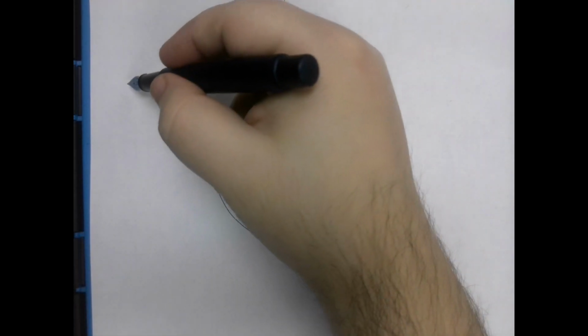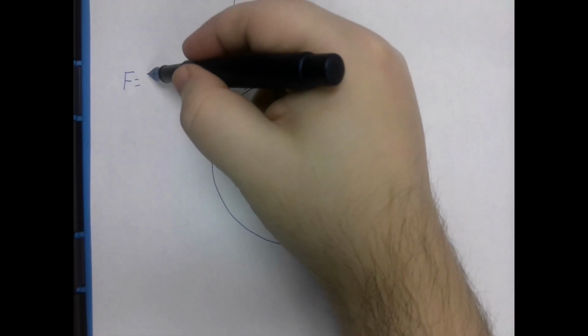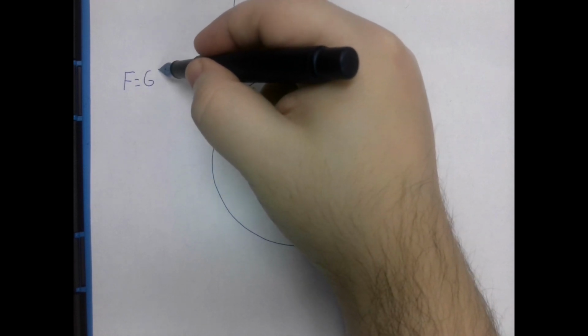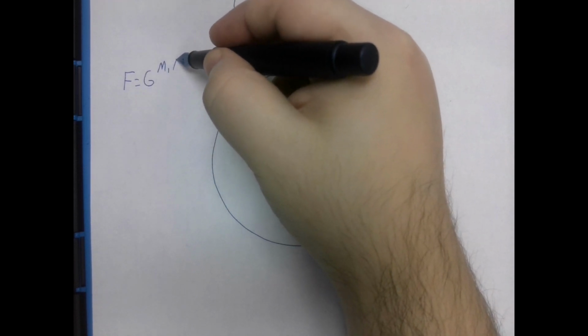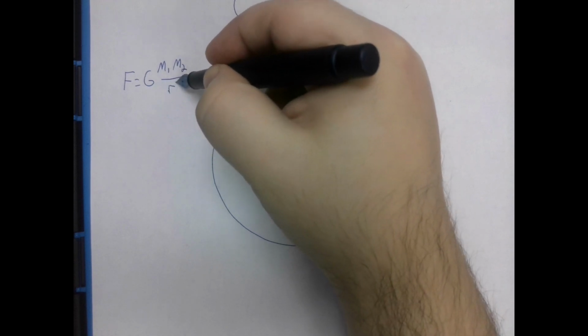So our equation is force is equal to some constant times the mass of one object times the mass of another divided by r squared.